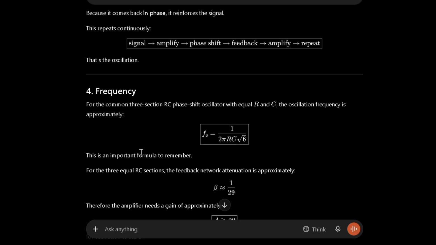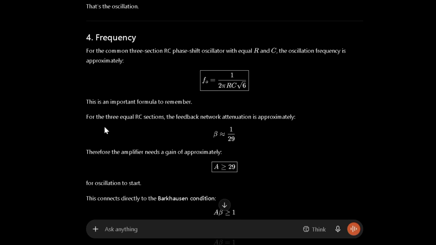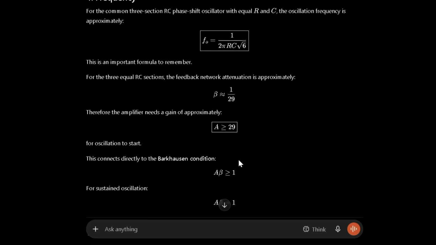For the three equal RC sections, the feedback network attenuation is approximately beta equals 1 by 29, the voltage fraction of the feedback network. Therefore, the amplifier needs a gain of approximately A greater than or equal to 29 for oscillation to start.